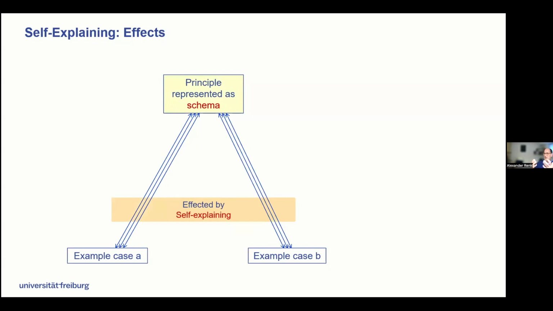So the schema says that there are abstract slots where different concrete features can be filled in. The principle as a schema means that the principle is represented with abstract slots that can be filled in by concrete features of an example case.